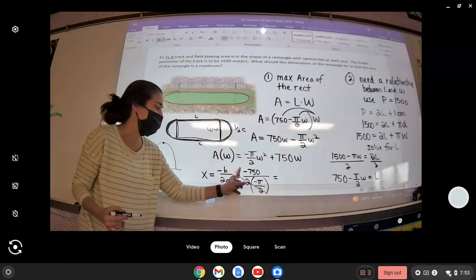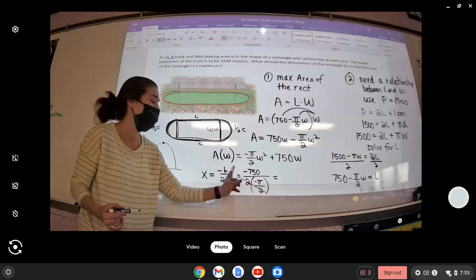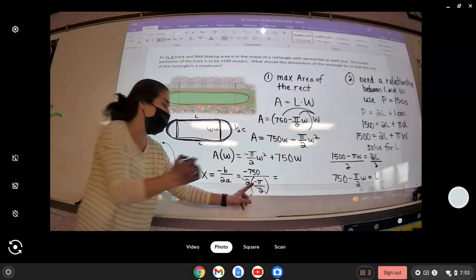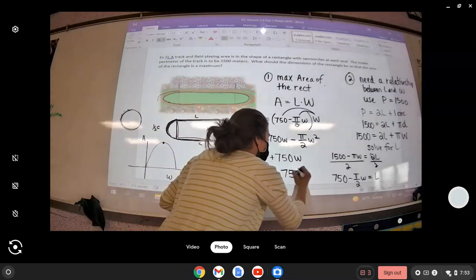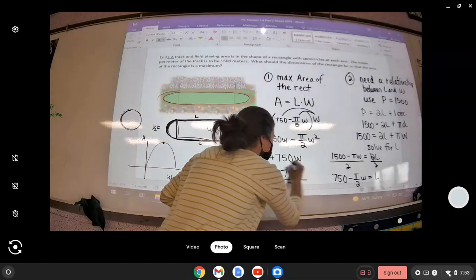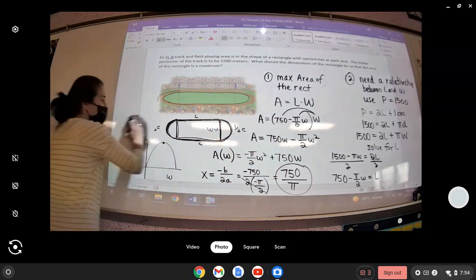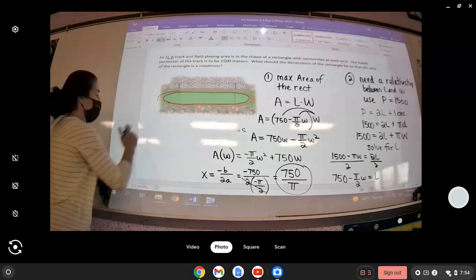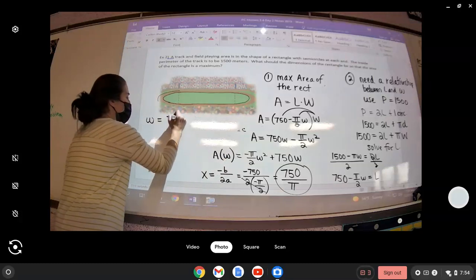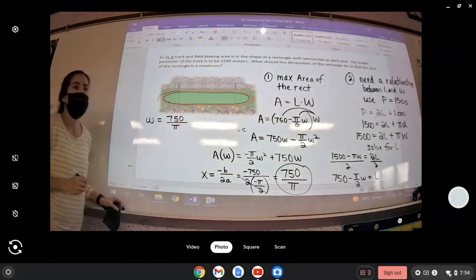So you're left with negative 750 over negative pi. What's a negative over a negative? Positive. So really our width right now in its most exact form is 750 divided by pi.